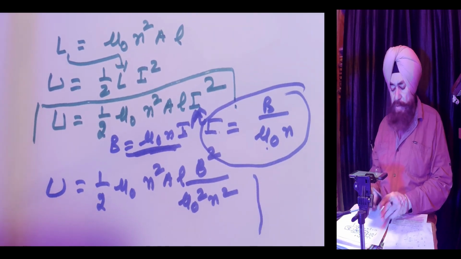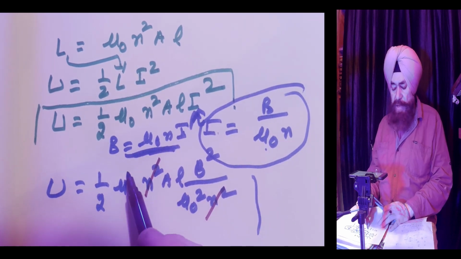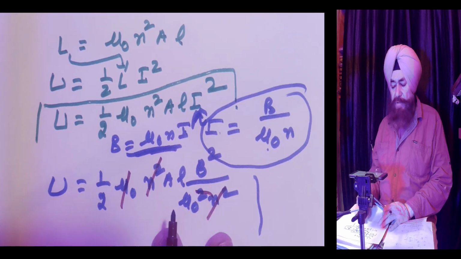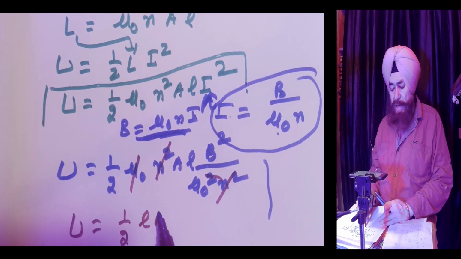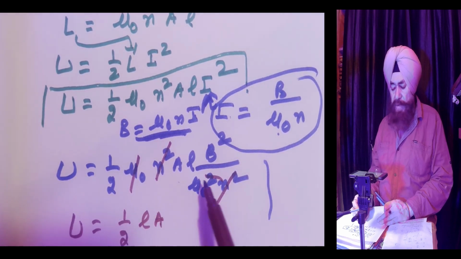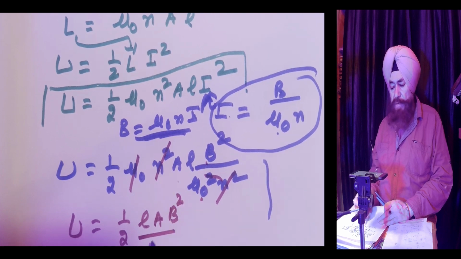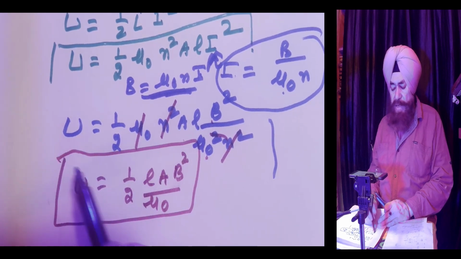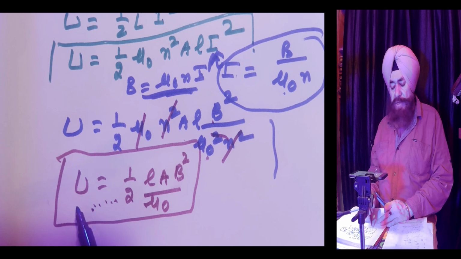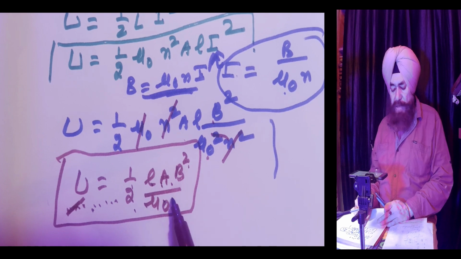Now what happened? n square cancels. Mu naught cancels with one mu naught, and energy becomes 1 by 2 into A l into B square upon mu naught. So this is the energy in an inductor, half A l B square over mu naught.